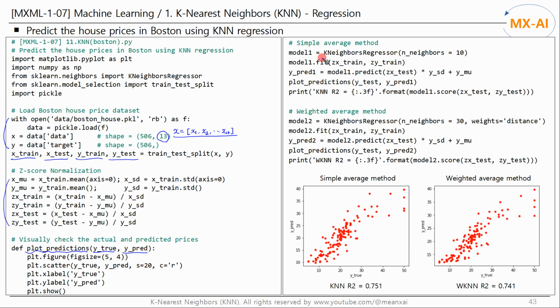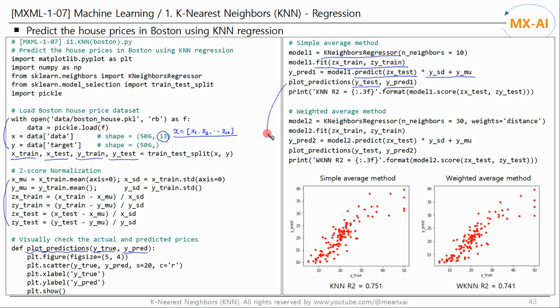Next, we create a KNN regression model using the simple average method. We fit this model to the normalized training data. We predict the y values of the normalized test data and restore them to their original scale. Then we visually compare the actual y values of the test data with the predicted y values.